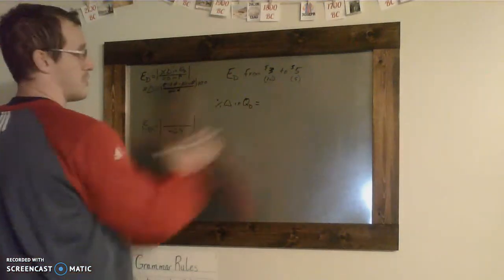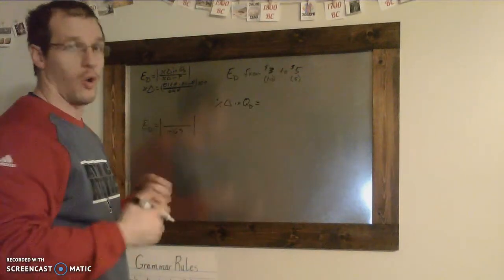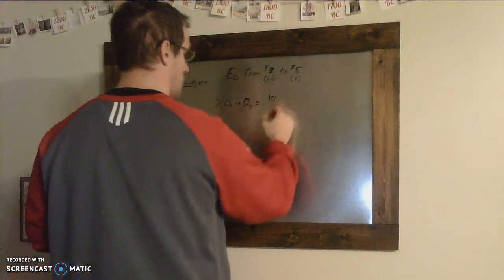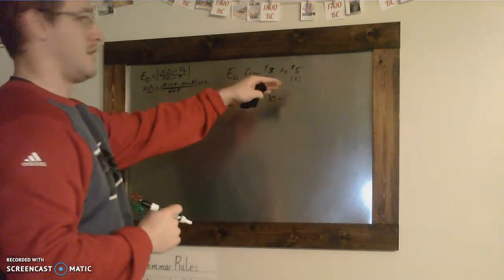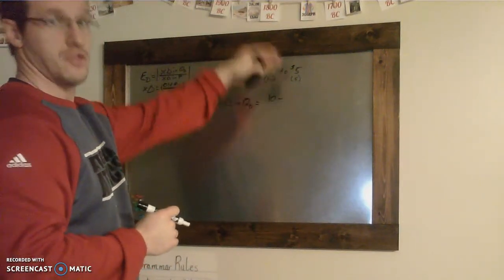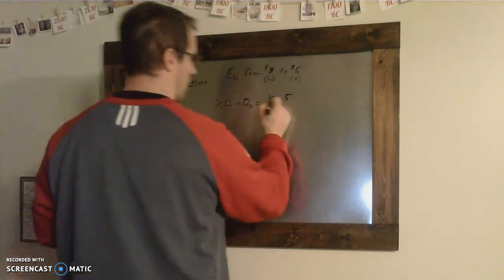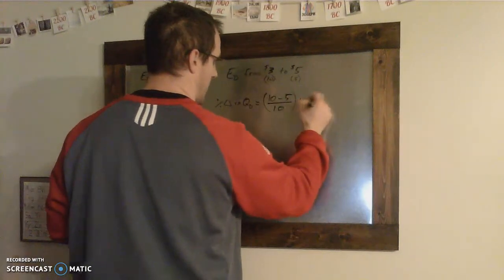Our old number is going to be the quantity demanded that corresponds to our old price, which was $3. So that's going to be 10. So we're going to have 10 minus the new number. Again, the new quantity demanded is going to be the quantity that corresponds to the new price point, which is $5. So that's going to be 5. And we're going to divide by 10. And then we're going to multiply that times 100.